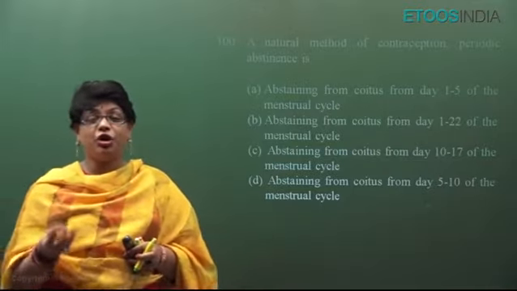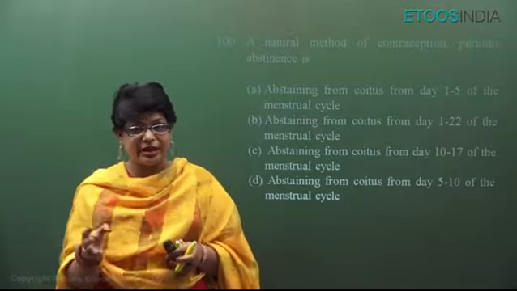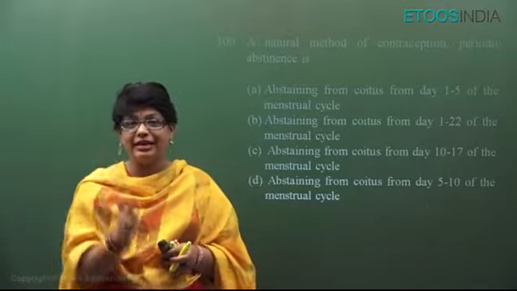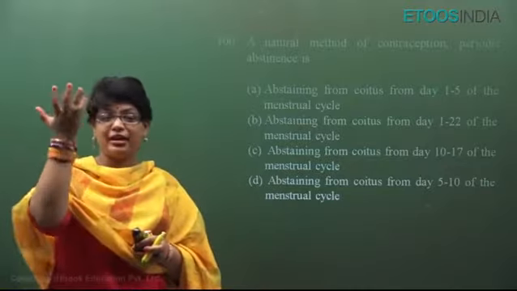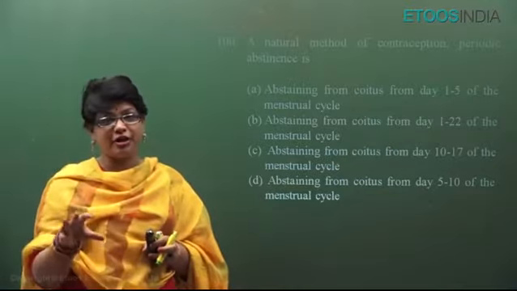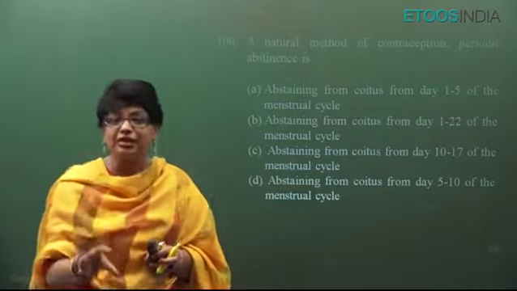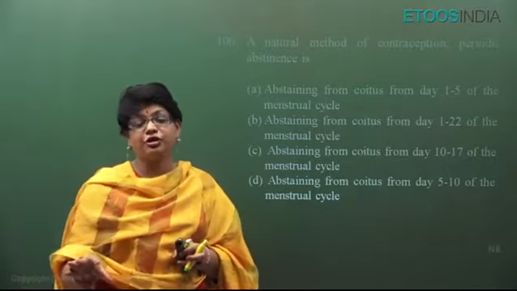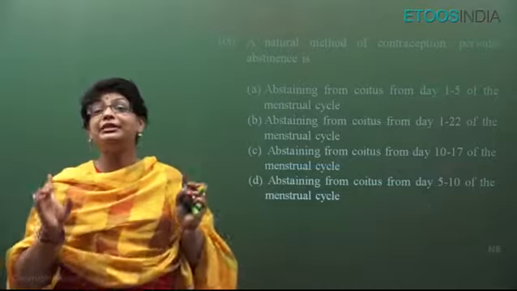And the third method of natural contraception is lactational amenorrhea. Post-delivery, up to 6 months, if a lady is nearly exclusively breastfeeding the child, prolactin levels are high, which suppresses FSH and LH, so ovulation is not happening, and menstruation is not happening. Because ovulation is suppressed, that acts as a contraceptive, but only up to 6 months.